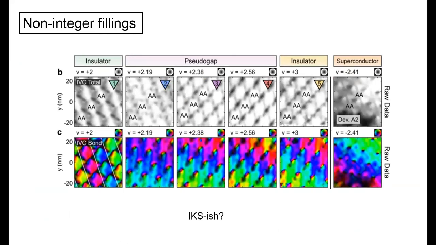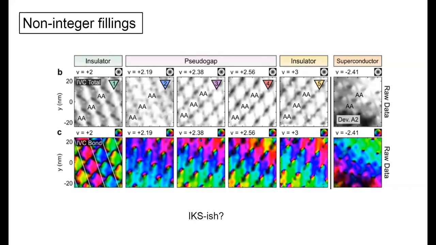But it doesn't look that slow either. I mean, from here to here, it's like 4 Moiré unit cells, and it's gone from green to green. Over here, we have 3 unit cells. So it could be finite wave vector.